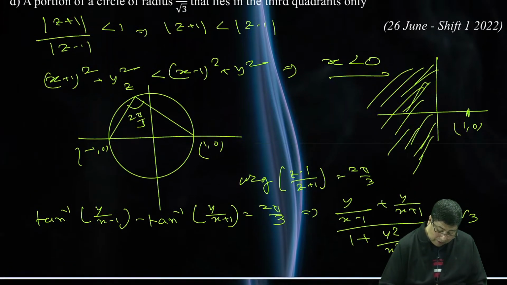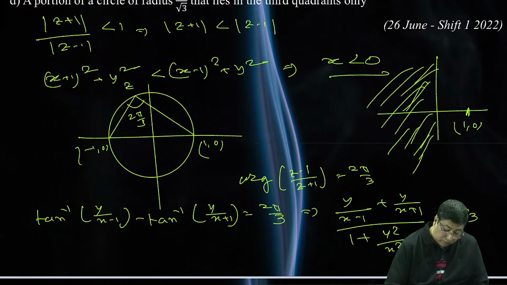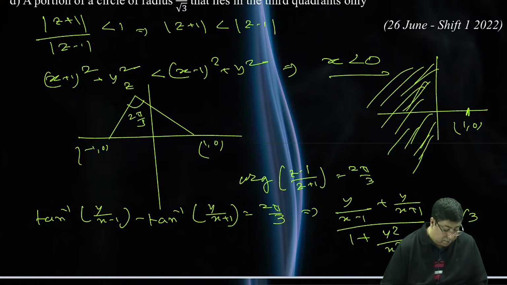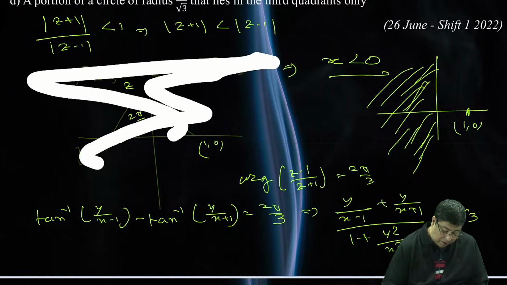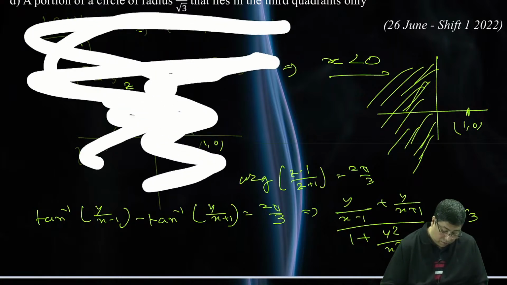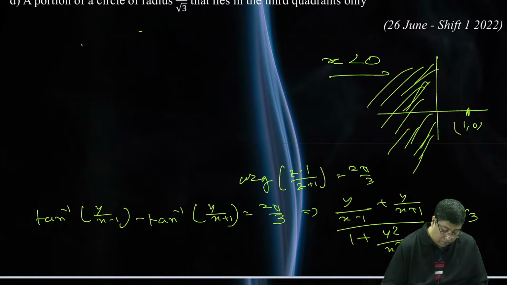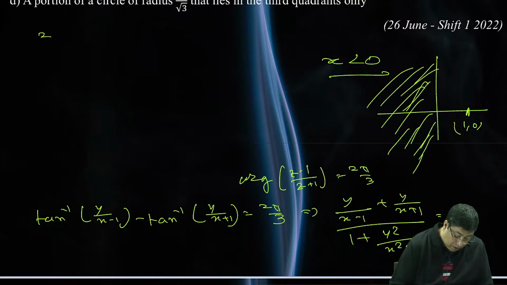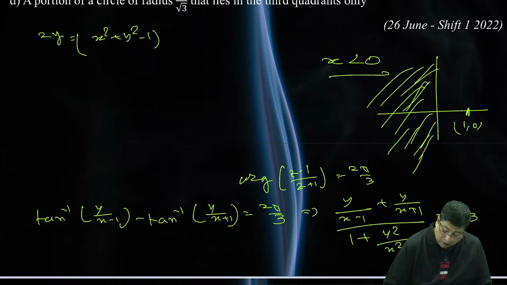So we can write this as 2y equal to x square plus y square minus 1 into minus root 3.